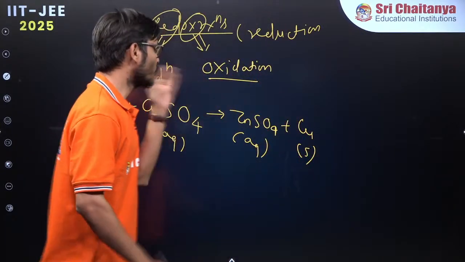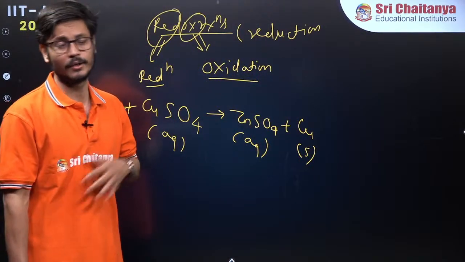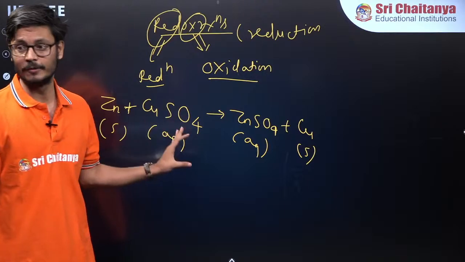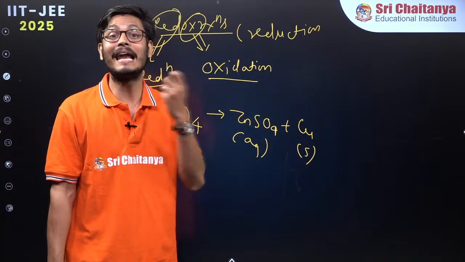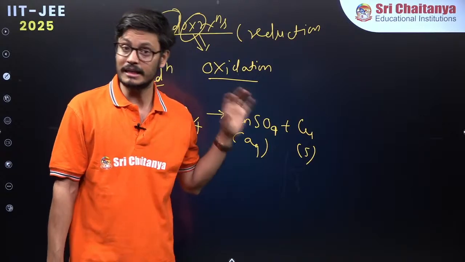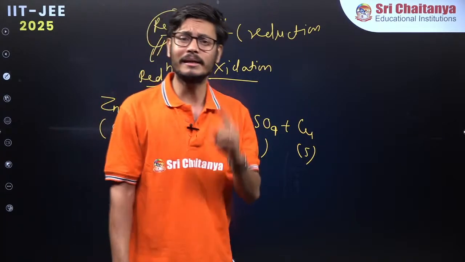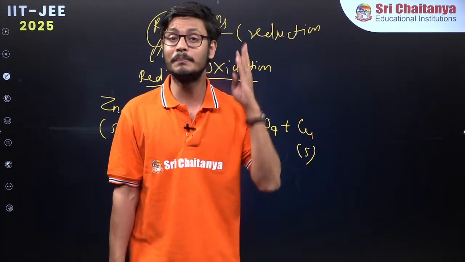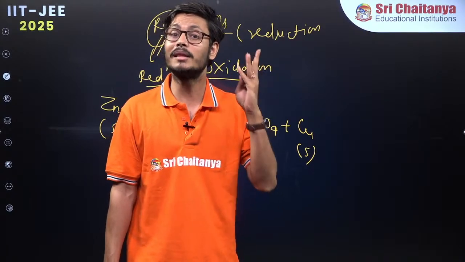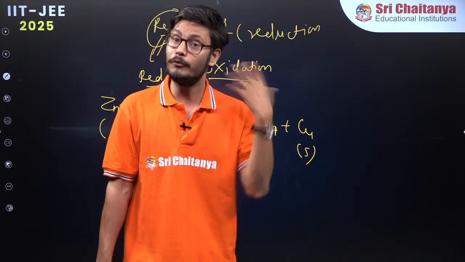Now this concept can be very beautifully explained. This reaction is the basis of the electrochemistry chapter. This reaction is the basis to understand the galvanic cell, the battery, all kinds of cells, the fuel cell.